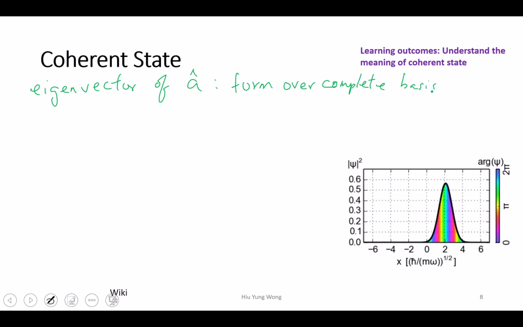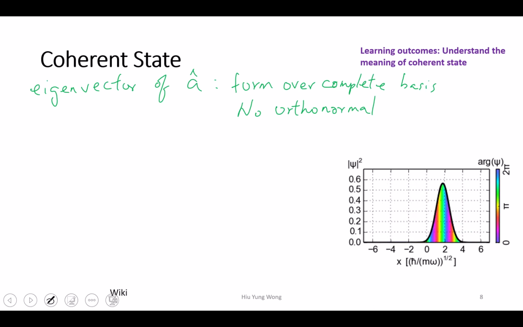When we say complete basis, basis states can span the whole space, right? But this has more than what is required to span the whole space. So this is over-complete, and it is also not orthonormal. So this is not a good basis for us to work on. However, it corresponds to the classical state.